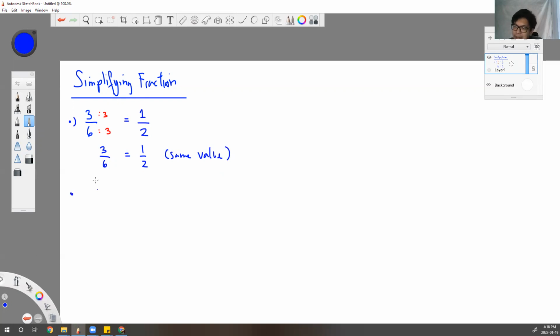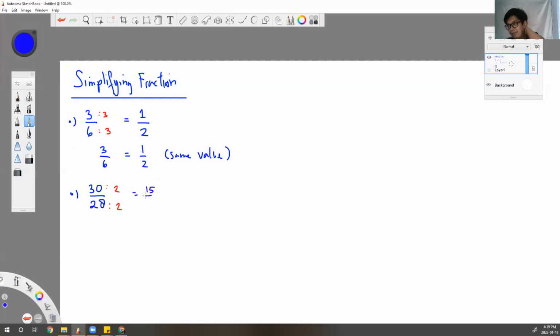Again, if I have 30 over 28, what number can you divide with? Before you do, okay, the numerator is bigger, so it's supposed to be a mixed fraction. Yes, it is a mixed fraction, but before we make the mixed fraction, we can simplify in order to make it easier to see. I want to divide by 2, divide by 2, right?